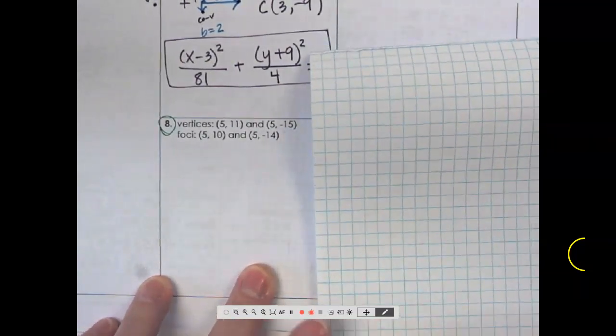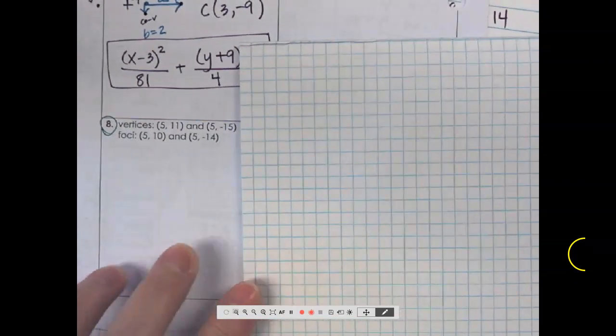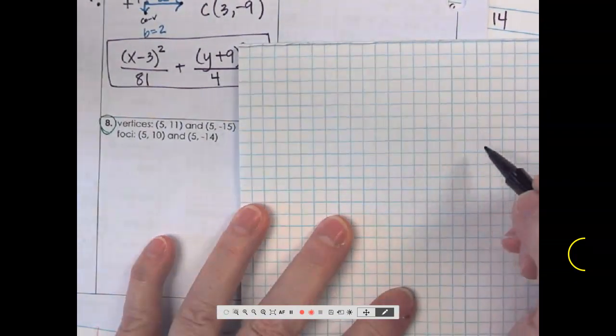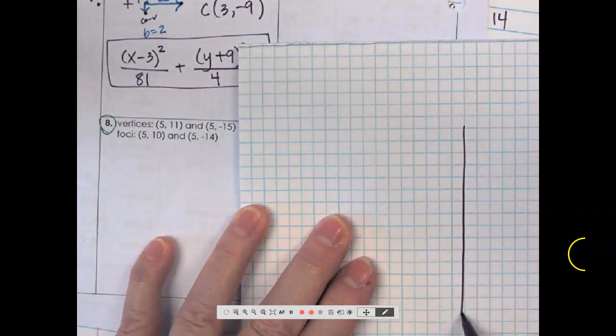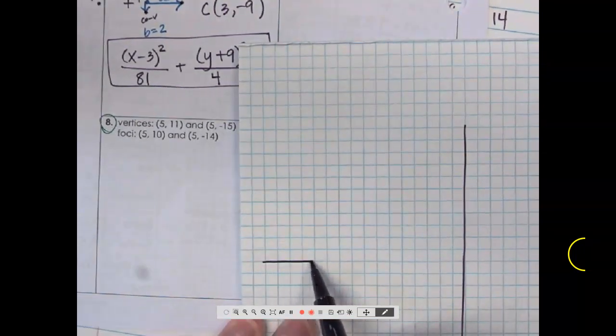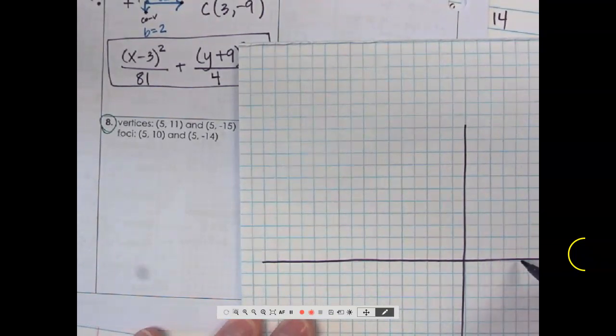Okay, vertices are 5, 11, and 5, negative 15. One, 2, 3, 4, 5. 1, 2, 3, 4, 5, 6, 7, 8, 9, 10, 11, and negative 15.